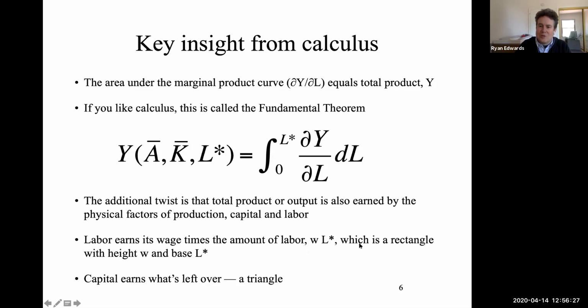The nice thing is that we'll see that the returns to labor equal the wage times the amount of labor, which is a rectangle with height W. That's because we're looking at a labor demand curve here. So we've got the wage along the vertical axis, we've got the labor along the horizontal, and the wage is the height, and the base is the amount of labor. Capital earns what's left over, which is a triangle.